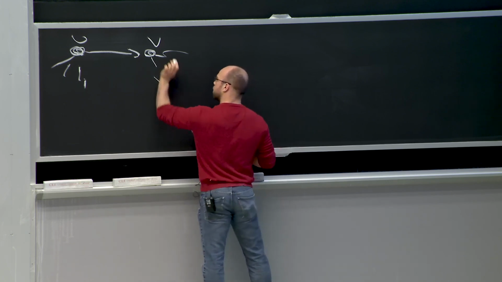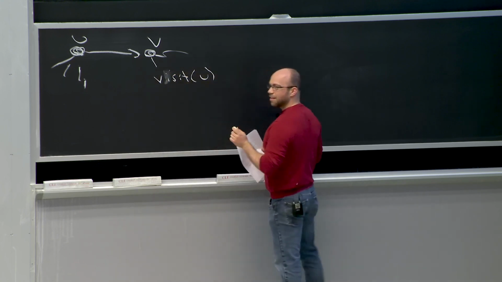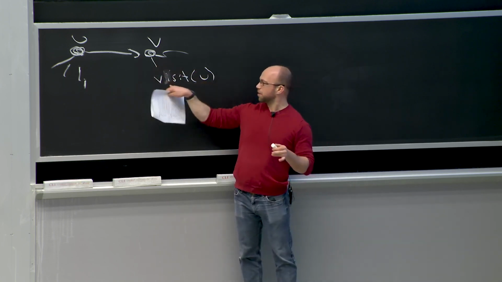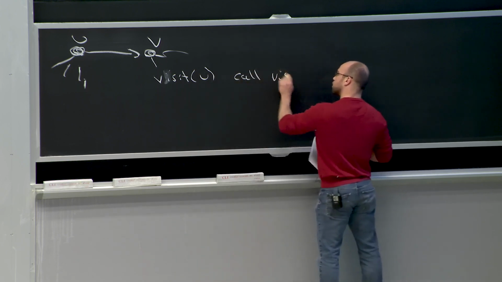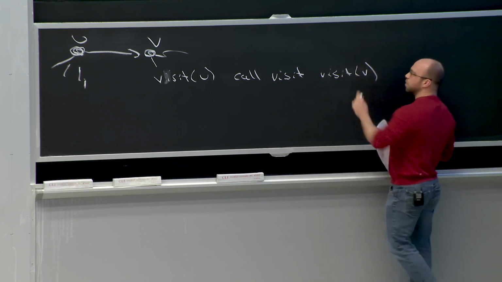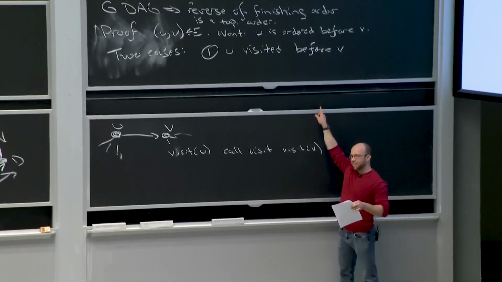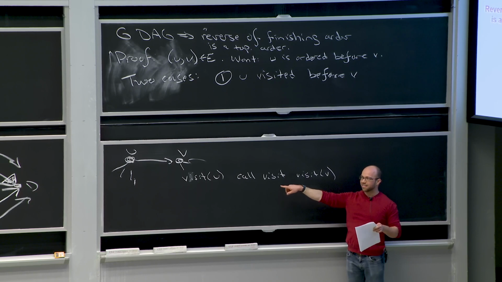We know that when we call visit on U, V is one of its outgoing neighbors. So in particular, visit on U is going to call visit on V. And we know that because U is visited before V, right? So currently, V's parent is none when I get to U. That make sense?